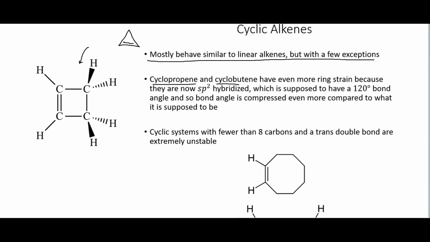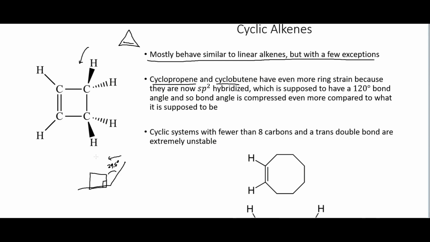because they are now sp2 hybridized. So remember, I was saying in a previous video that when we have these here, I showed that graph that had the square on it, and then there was something that looked like this, and there was that little bit of extra angle here that the bonds actually want to go to. So this is a 90-degree here, but they want to get to 109.5, and so there is a 29.5 degree sort of collapsing of this when we try to make this square structure here.